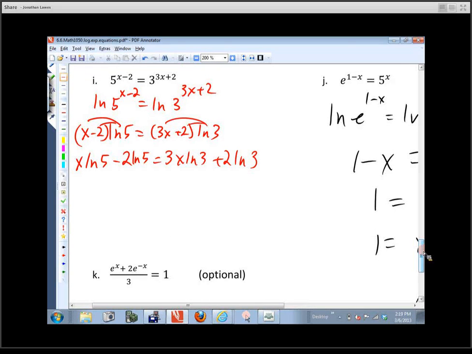Move the x, the 3x. I'm going to move this one over here, and I'm going to move that one over there. That's going to turn this one positive. It'll turn that one negative, but that's not that big a deal. So this is going to be x ln 5 minus 3x ln 3 equals 2 ln 3 plus 2 ln 5.